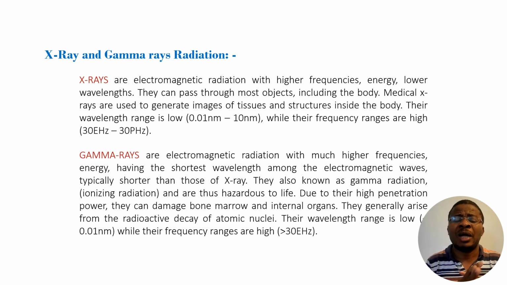They are also known as gamma radiation or ionizing radiation and are thought to be very hazardous to life. Due to their high penetration power, they can damage bone marrow and internal organs. They generally arise from the radioactive decay of atomic nuclei. Their wavelength range is very low, while their frequency ranges are very high.